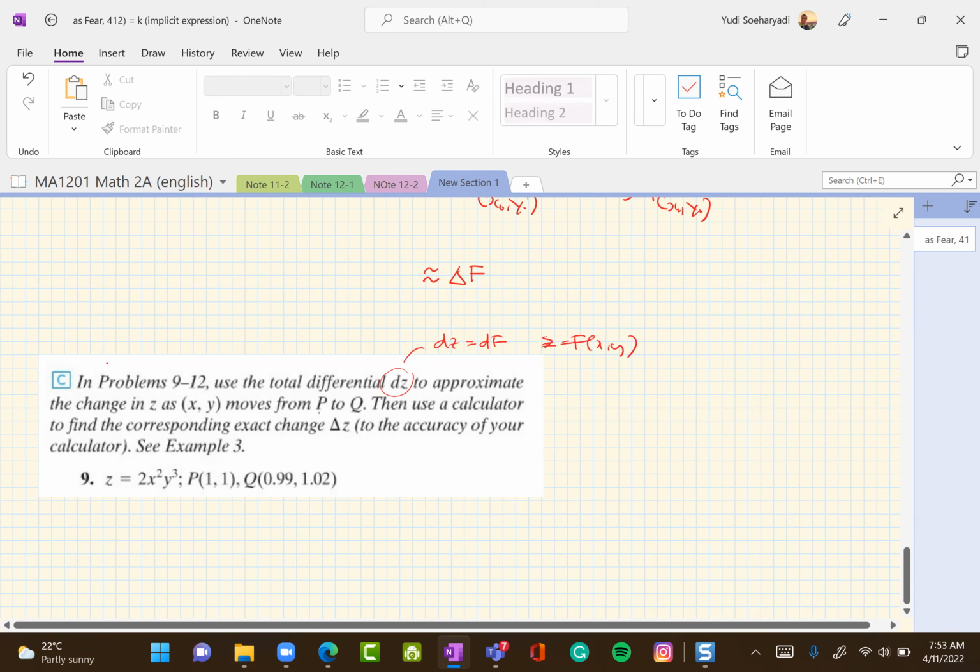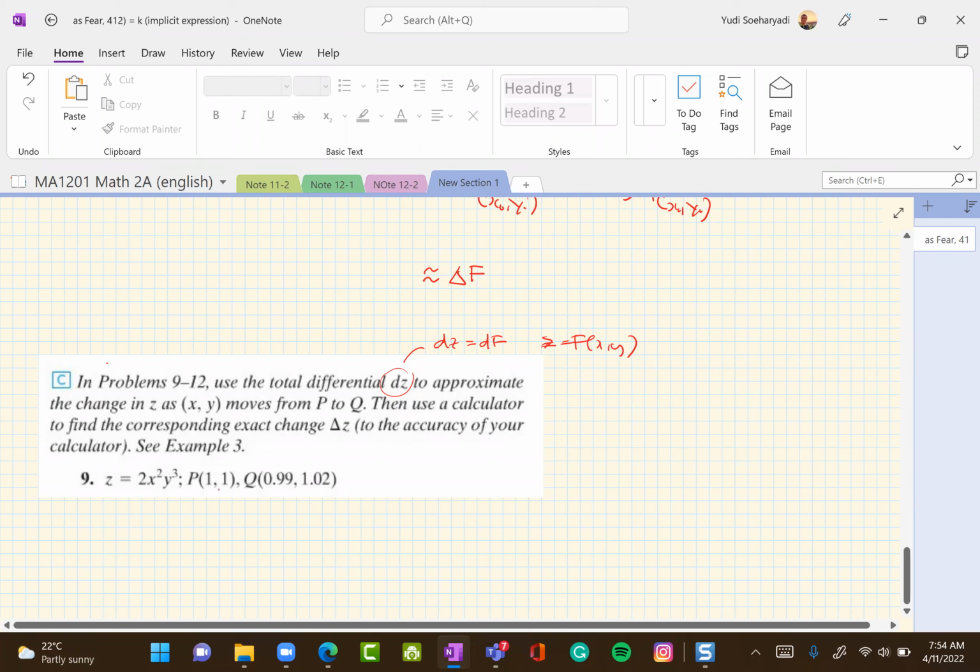From P to Q, the x moves slightly, and y also moves slightly, from 1 to 1.02, and x from 1 to 0.99.